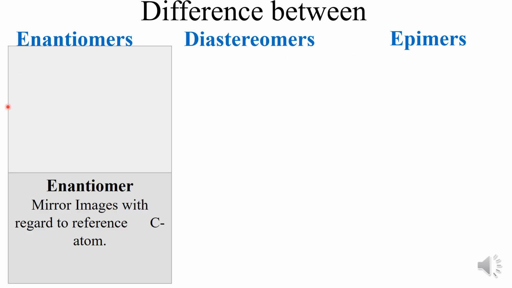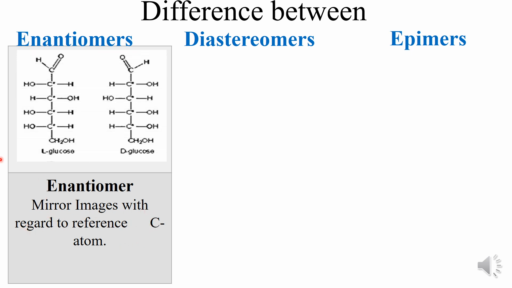So now we can see the difference between enantiomers, diastereoisomers and epimers. The enantiomers form mirror images with regard to reference carbon atom, and here is the example of L-glucose and D-glucose.